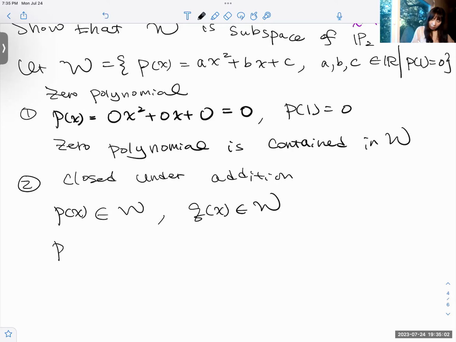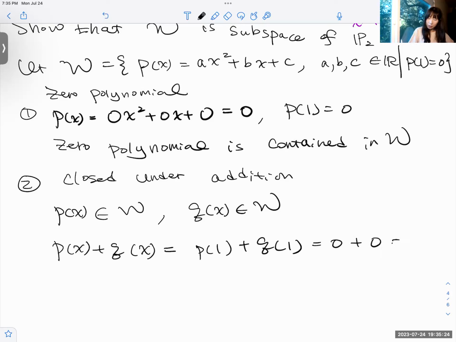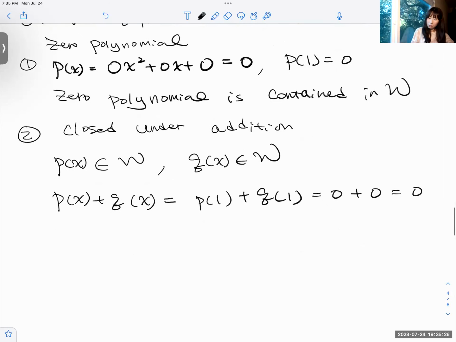Then we have p of x plus q of x in W, that polynomial at 1, which is p of 1 plus q of 1, right? So there will be 0 plus 0, which is 0, right? So p of x plus q of x is also in W.